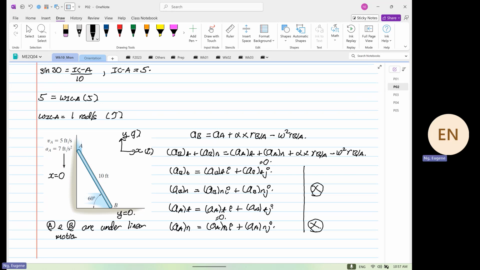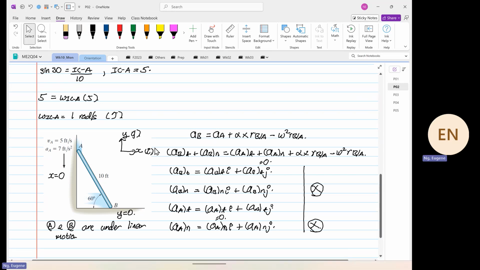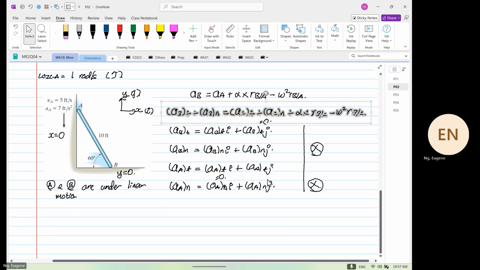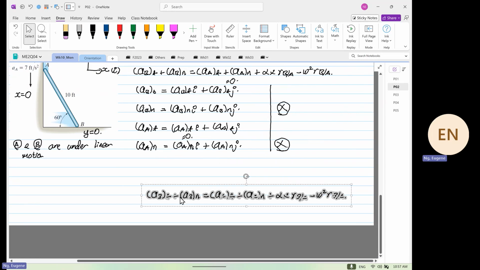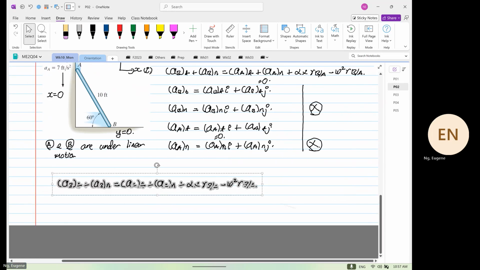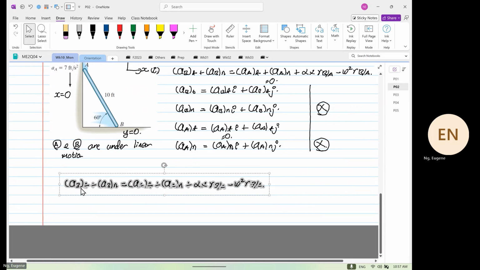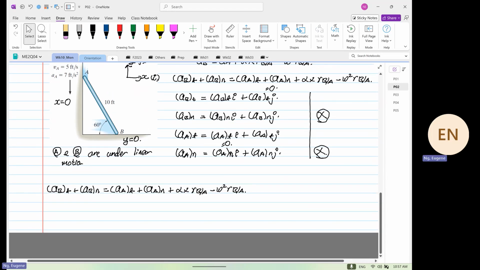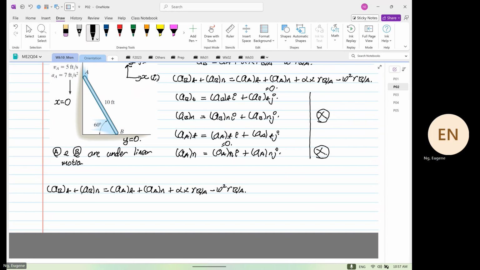So now I'm going to use this equation. Because of the boundary condition, this expression will be simplified. So we know that you can drop this term.